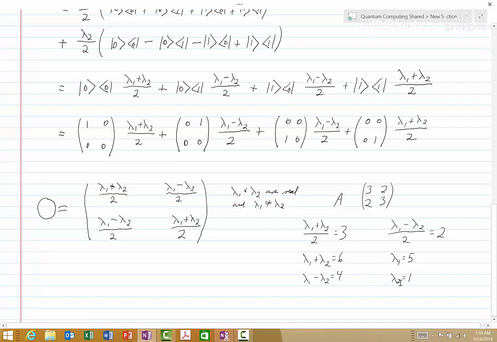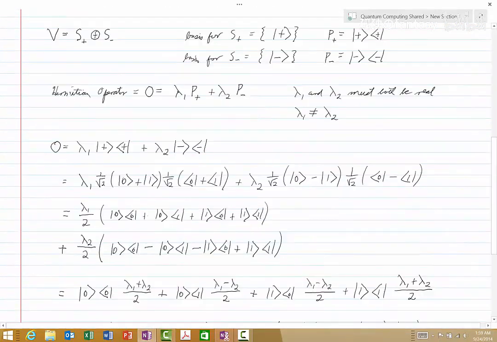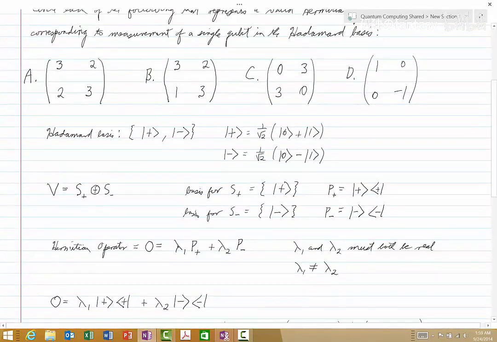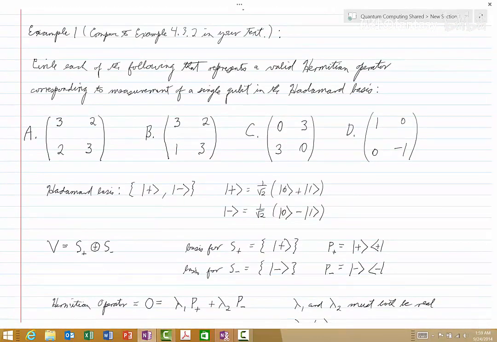These are both real, and they are not equal to each other. So indeed we conclude that A is a valid Hermitian operator corresponding to measurement of a single qubit in the Hadamard basis. So we would circle A.